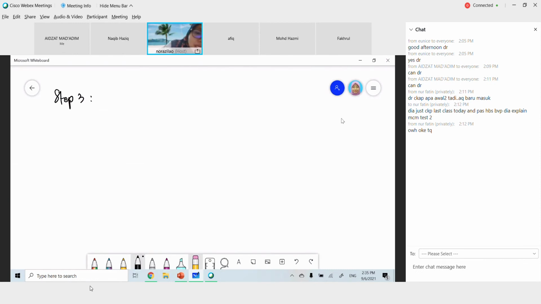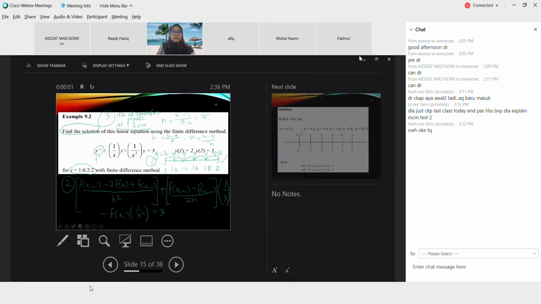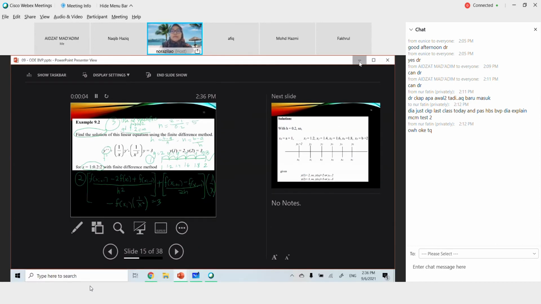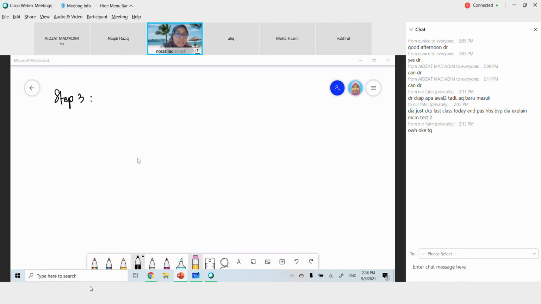Everyone has your own equation just now. At 1.2 centimeter, now this is your eye point. So you need to redo 3 times. So for this one, 4 times, because in between just now you have 4 points.